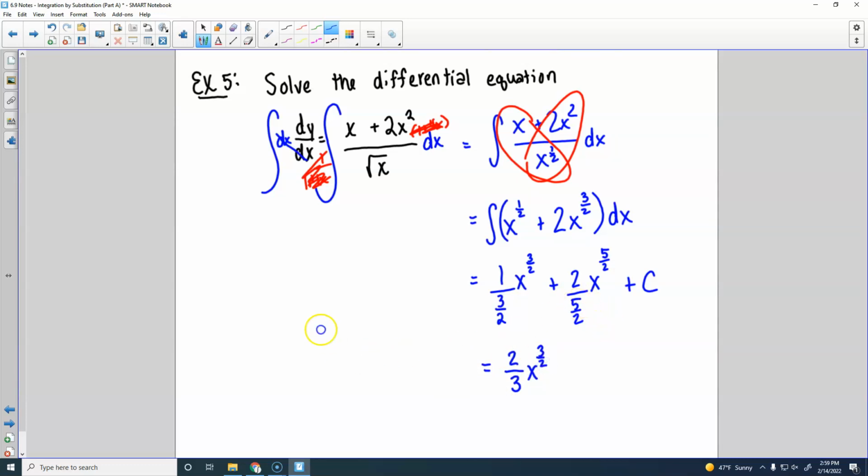And then here we got 2 times 2 over 5, so we get 4/5 x to the 5/2 plus c, or you can use minus c, or plus c minus 7, just if you want to make me shudder a little bit as I'm grading stuff.